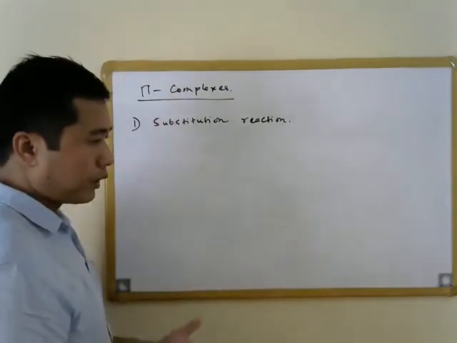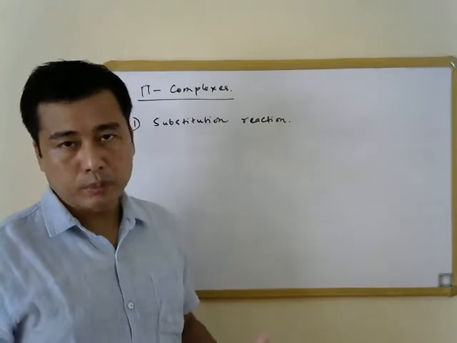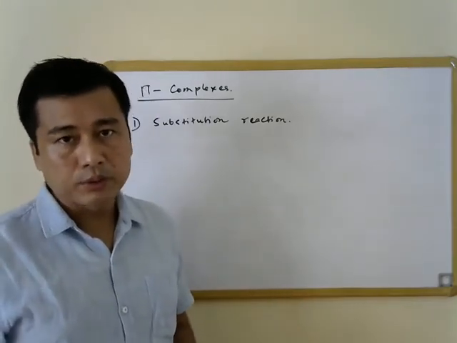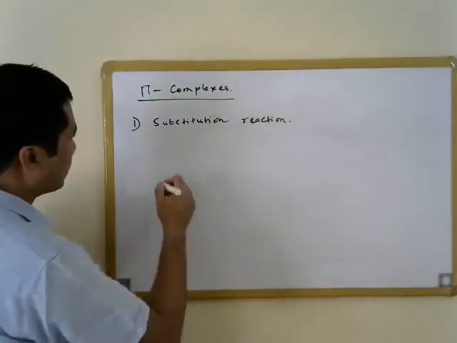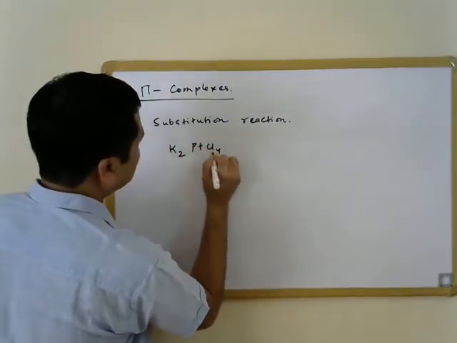So for the preparation of Jay's salt as well, instead of reacting PtCl4 with ethanol, one can also prepare this compound by doing a substitution reaction using a suitable platinum precursor.